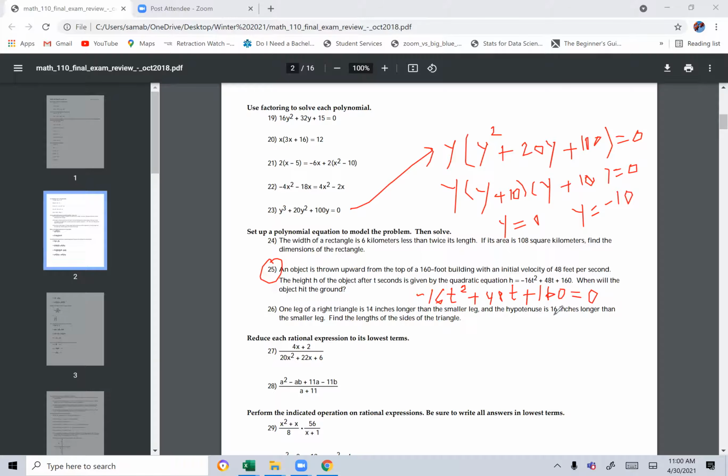All right, let's try to solve this one. I think we can take negative 16 out as a common factor. So I'm going to take negative 16 out. That's a t squared. And 48 divided by negative 16, guys, will be negative 3t.